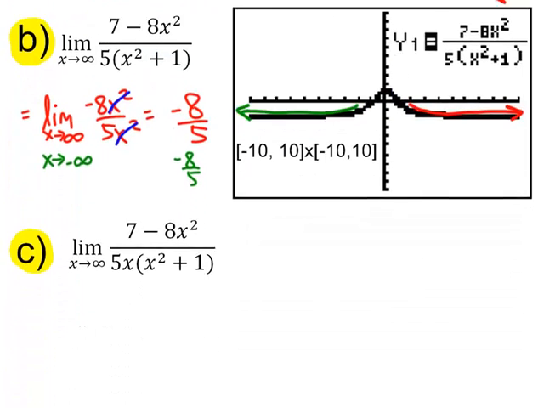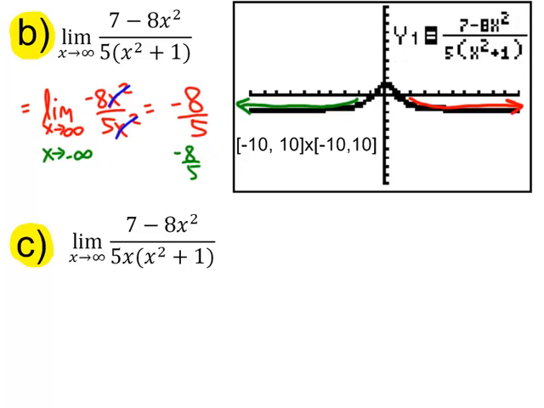So let's scroll down once again and see one more problem that looks similar at first glance, but whereas we just had a 5 here, it's a 5x down here. However, the same approach will still work. We can still justify considering this 7 and this 1 negligible. And we can still rewrite the limit as x goes to infinity.